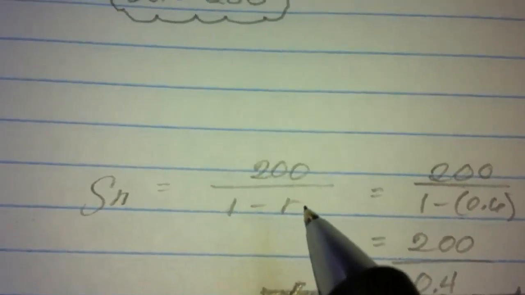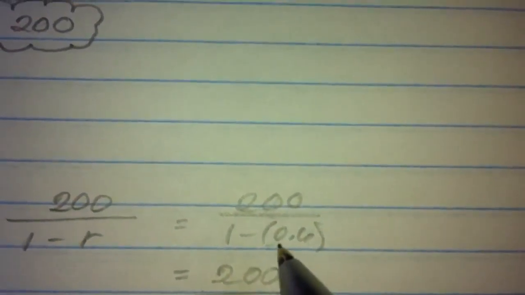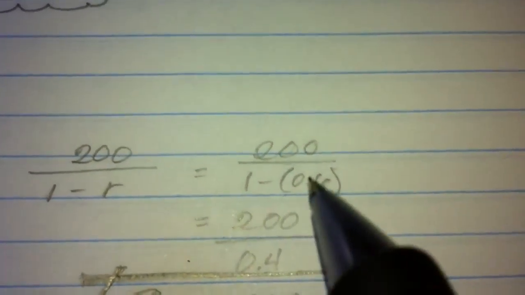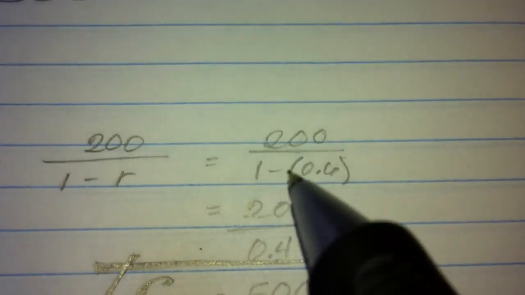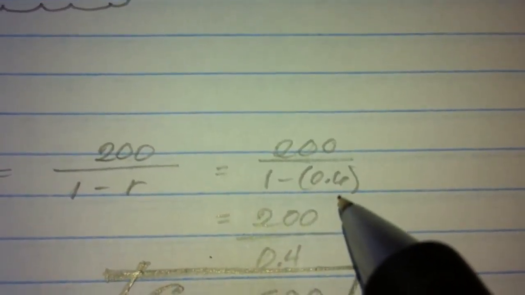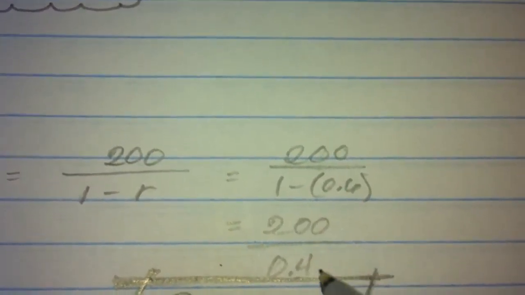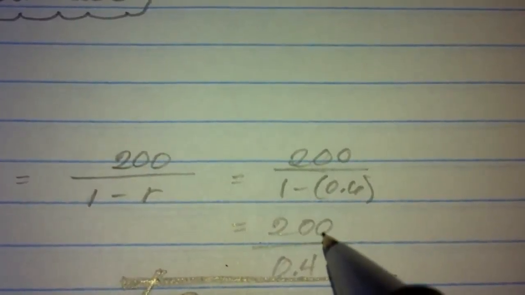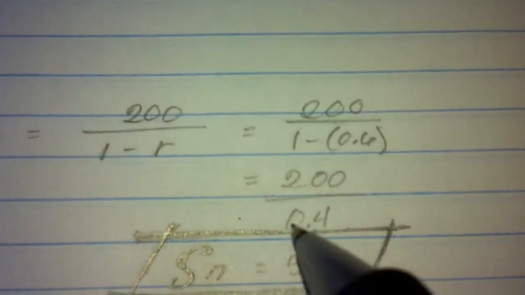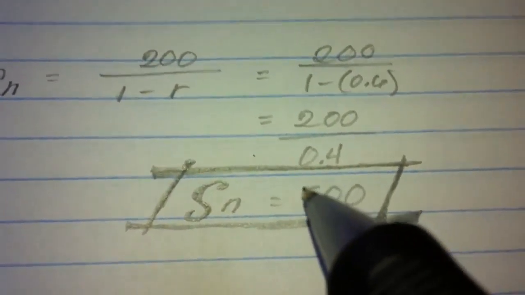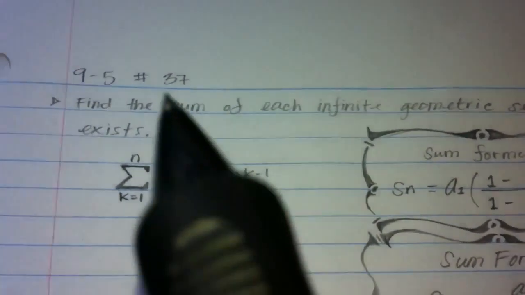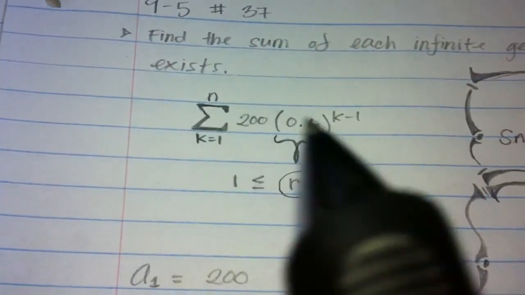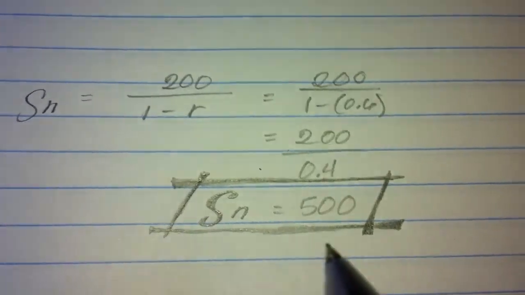Now when you substitute r, you can put it in a parenthesis so that you can identify that it is r. Now by subtracting 0.6 from 1, we'll get positive 0.4, and when you divide 200 by 0.4, you get 500. So the sum of the infinite geometric series, which is this one, is 500.